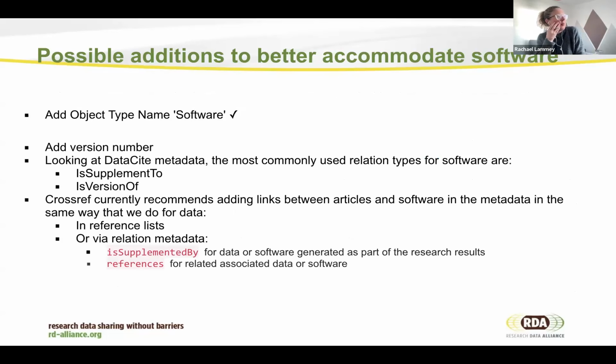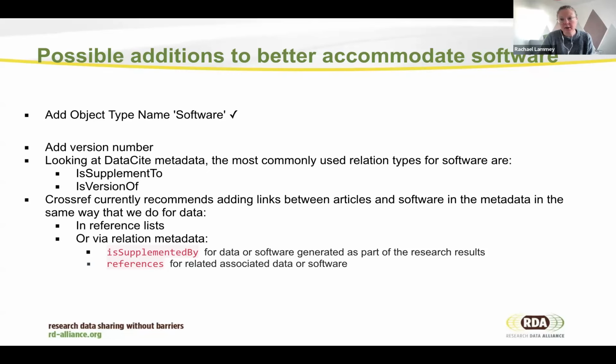We talked about some additions to the Scholix schema, and this is what we wanted to ask about today. As a first step, we've added the object type name software to the schema because that didn't exist previously. Paolo and his colleagues at OpenAIRE did that earlier this year, just because we could see that people were already using that.